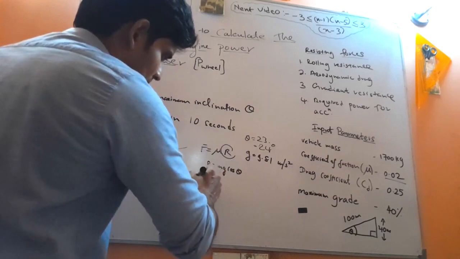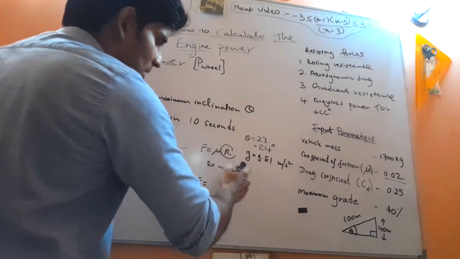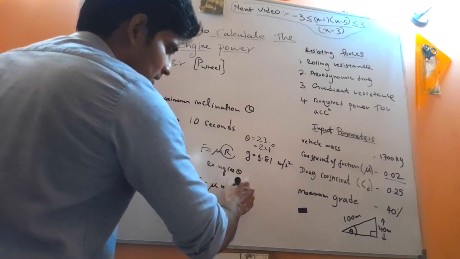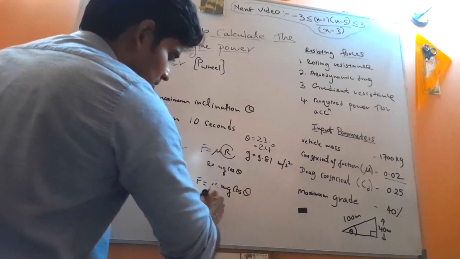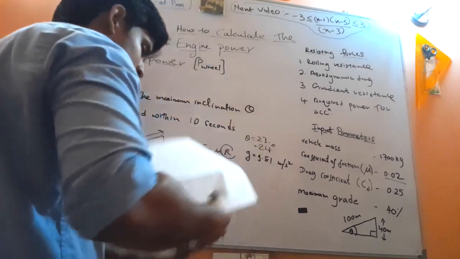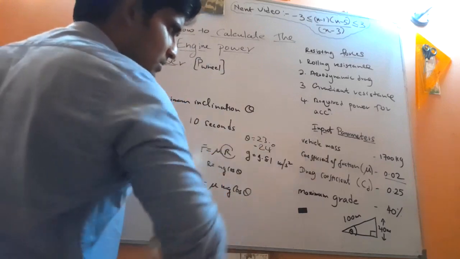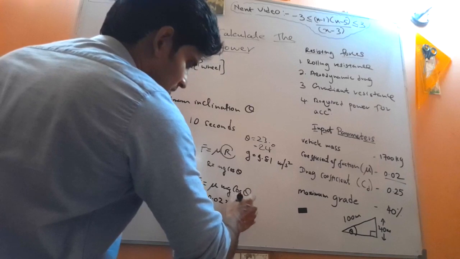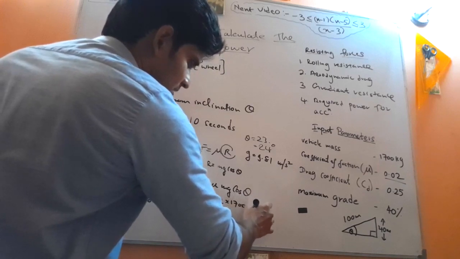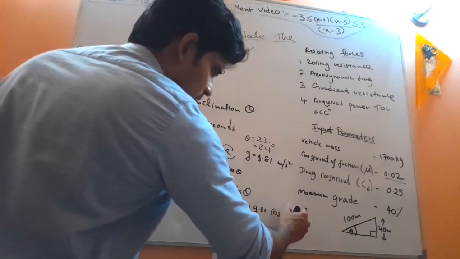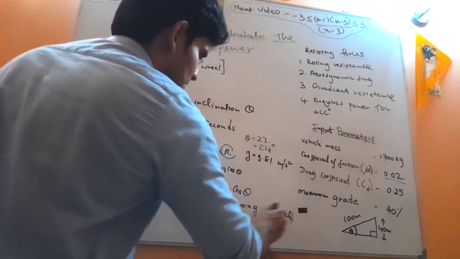So then what is the friction? Mu times mg cos theta. Mu you already know, 0.02, m is 1700, g is 9.81. What is cos theta? Cos theta is cos 24 degrees.